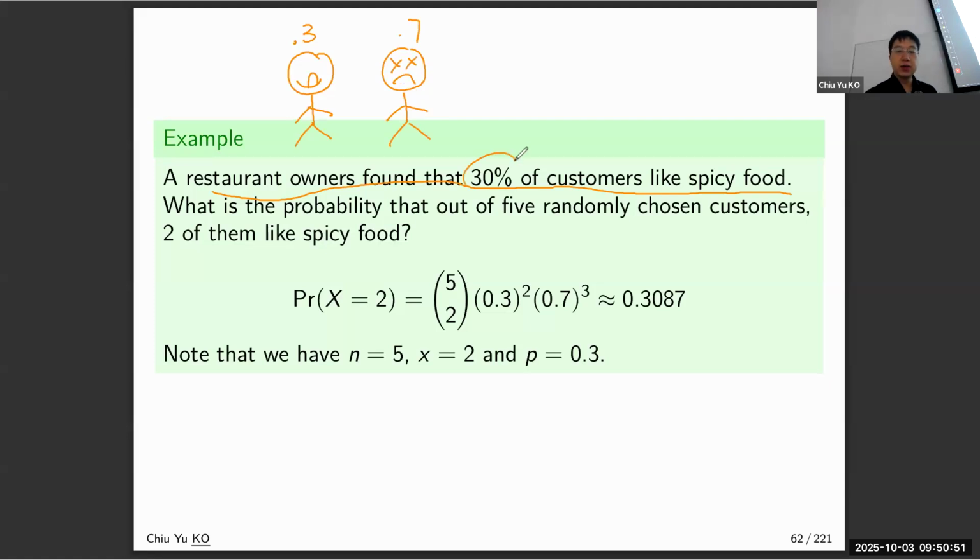This is data, okay? Here we are coming from data to probability, okay? Do note there's an important jump between the two, okay? Because 30% is data, but we are expecting the next customer should be following from data, okay?